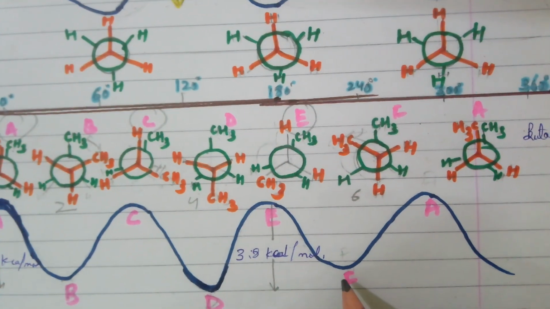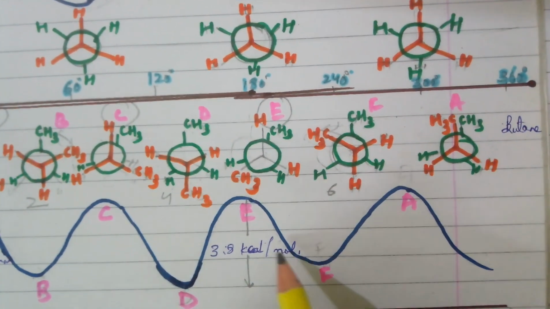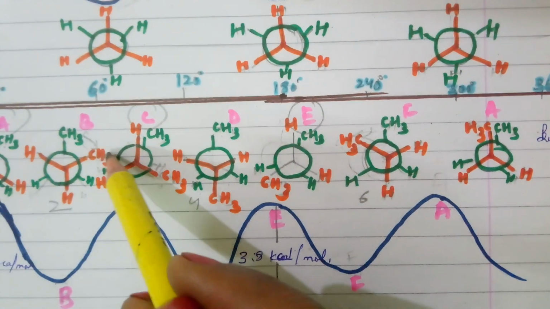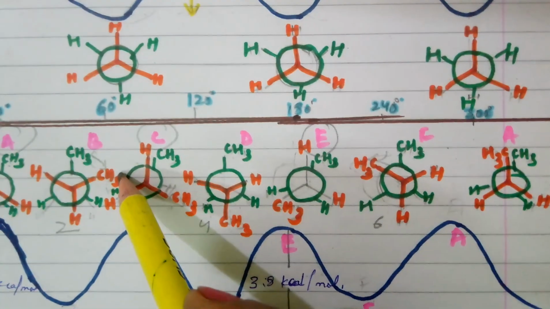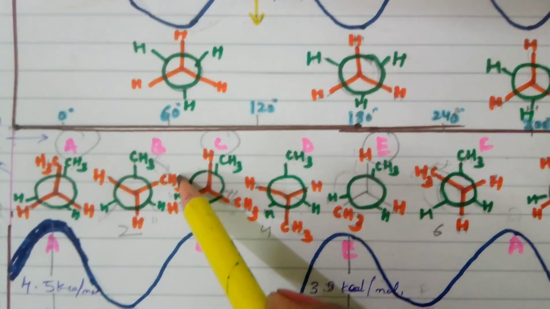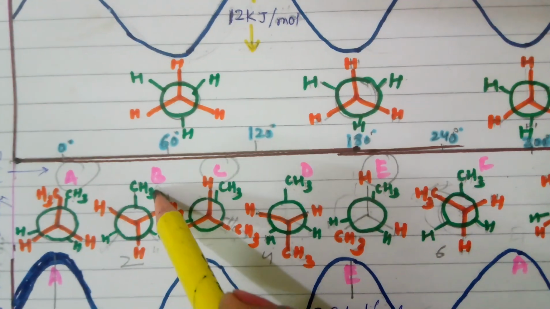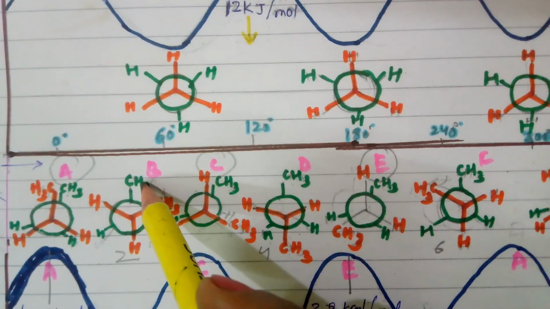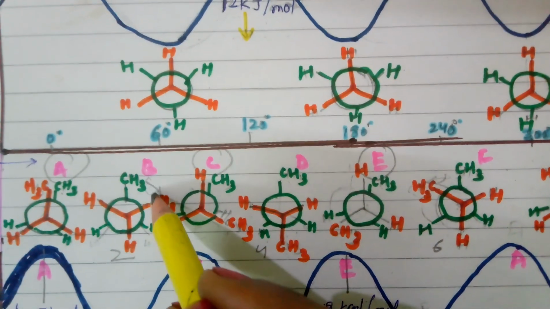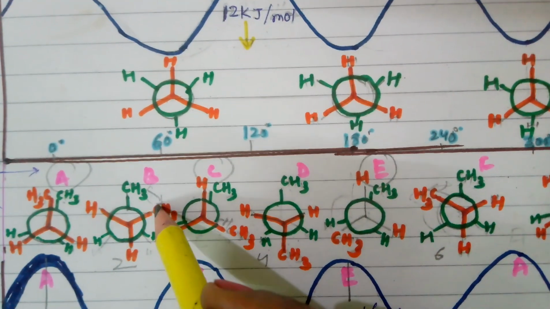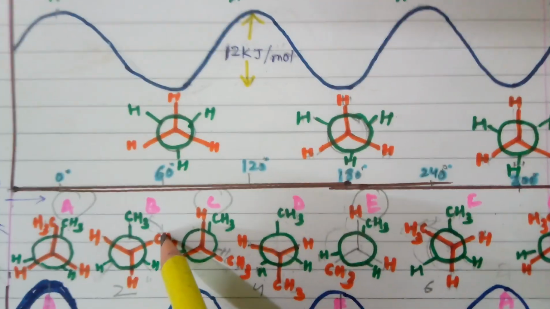Steric strain is the strain put on molecules when atoms and groups are too close to each other, which results in repulsion of the electron clouds of the groups or atoms. So whenever two groups or atoms are very close to each other, there will be repulsion between their electron clouds, and that leads to steric strain.